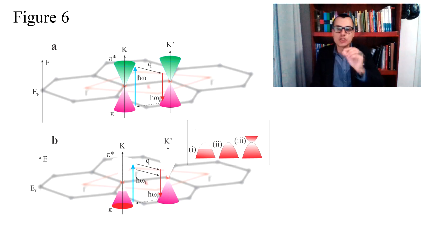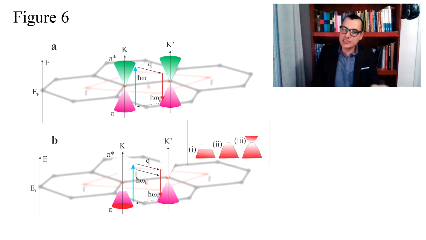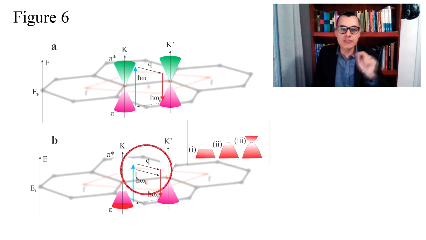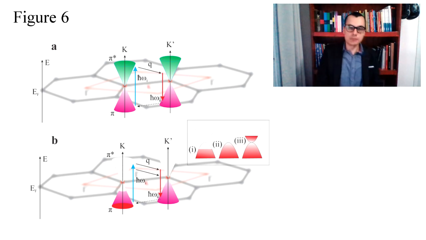This scenario is shown in figure 6b. In this slide, we can see that for different changes in the Fermi level, we will have different possible values for the wave vector k. So, the energy of the incident photon is the same, but the change in the Fermi level caused by adsorbed cations changes the wave vector k.